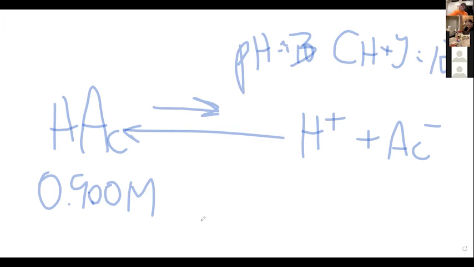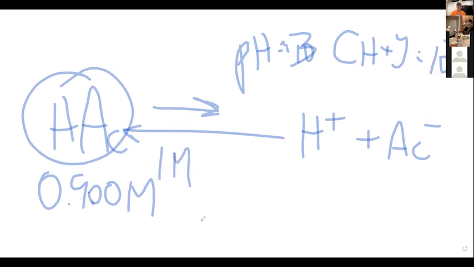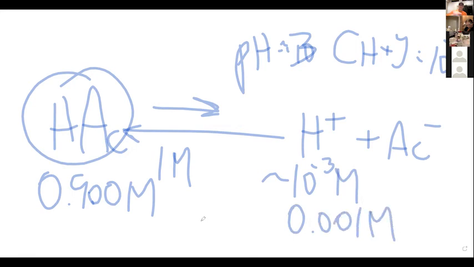So at the beginning, before we've added any base, my concentration of acetic acid is around 1 molar, and the concentration of H plus is around 10 to the minus 3 molar, or 0.001 molar.